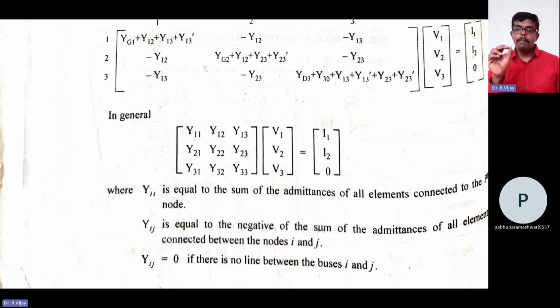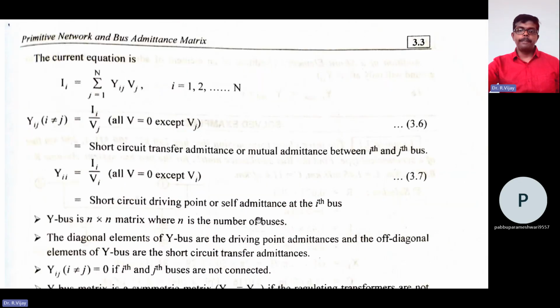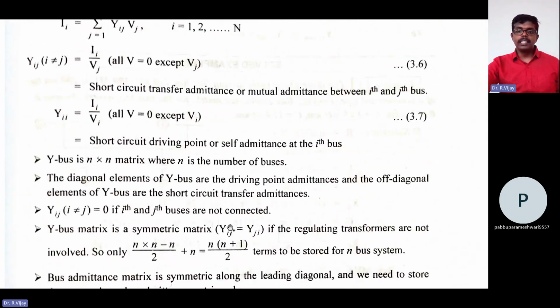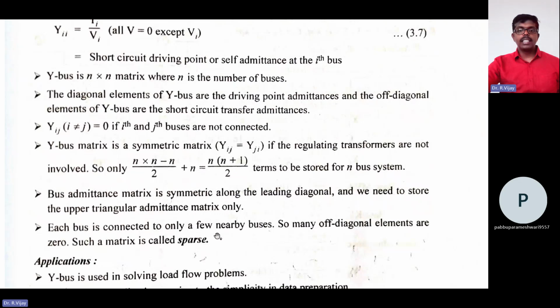You can take a simple 5 cross 5 or 4 cross 4 bus system. Some connections you voluntarily leave, so those entries become 0. If you have more zeros in the off-diagonal elements, that is called sparse. Like that you need to explain, and you will get the full 2 marks.